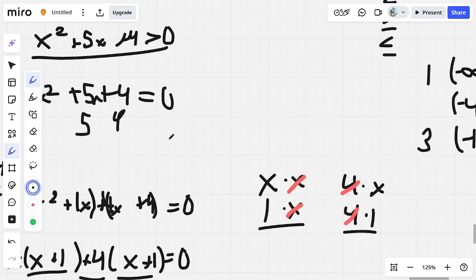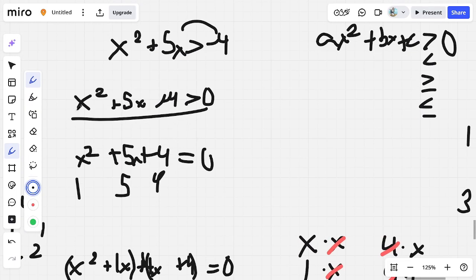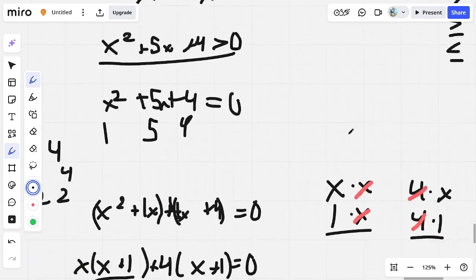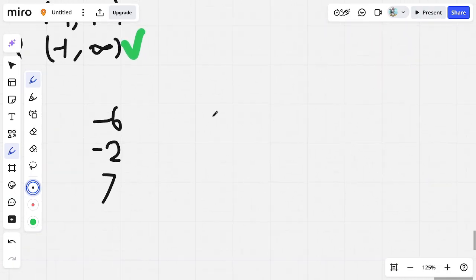So let's get our original inequality: x squared plus 5x plus 4 is greater than 0.